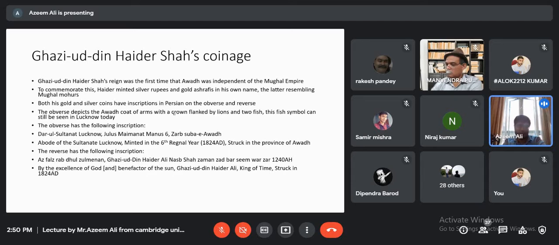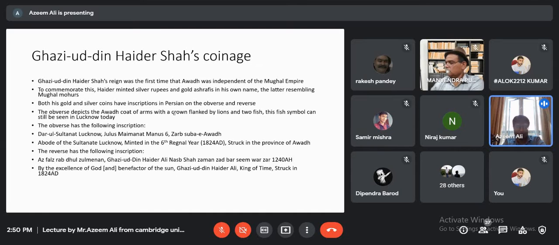The obverse has the following inscription: Dar-ul-Sultanat Lucknow, Jalus Maimanat Manus 6, Zarb Suba Awadh, meaning abode of the Sultanate Lucknow, minted in the 6th regnal year, which is 1824 AD, struck in the province of Awadh.